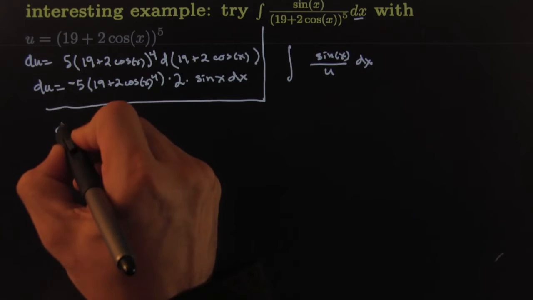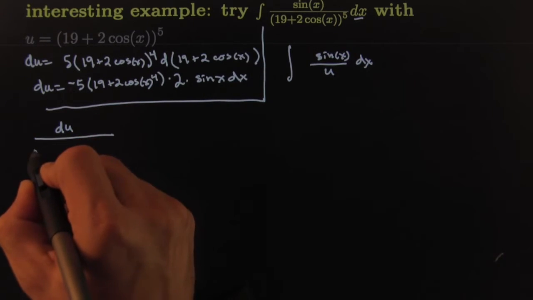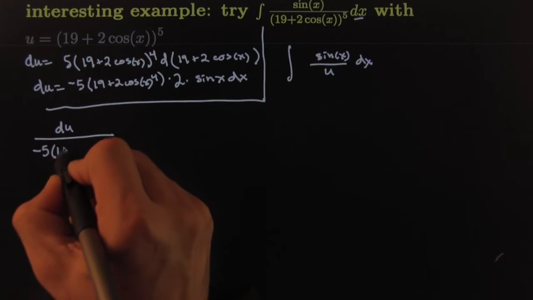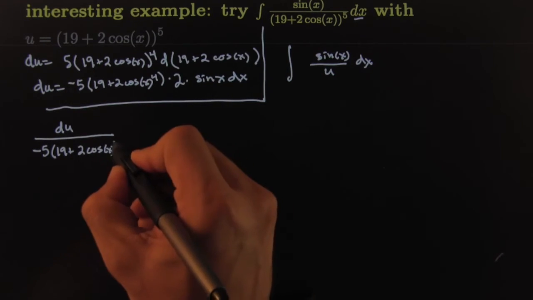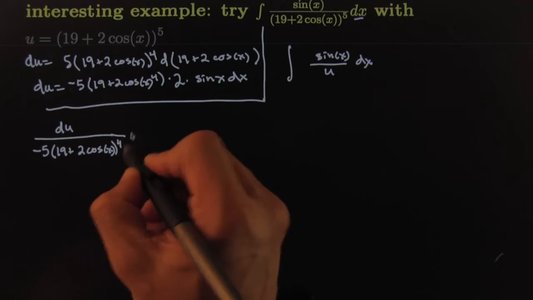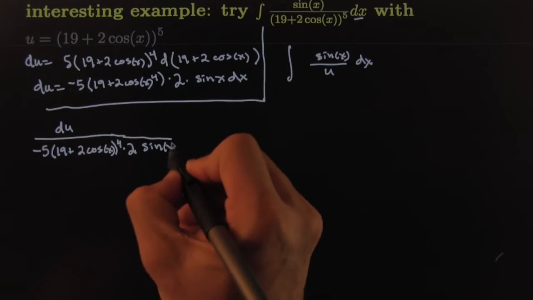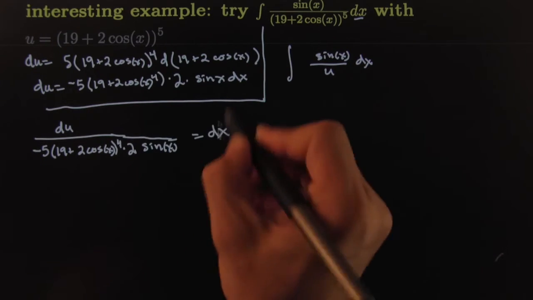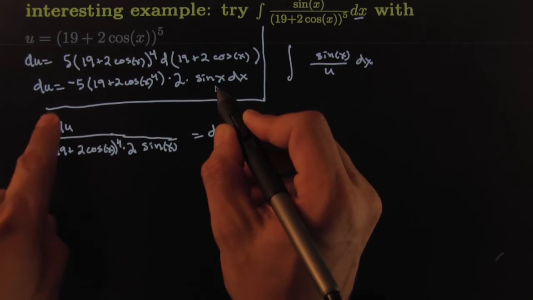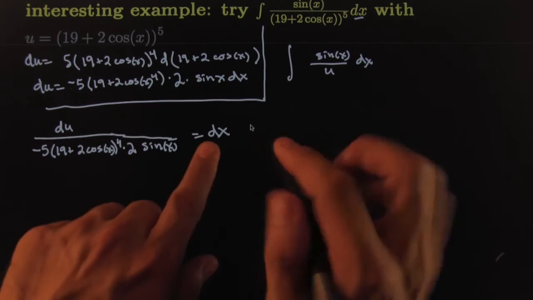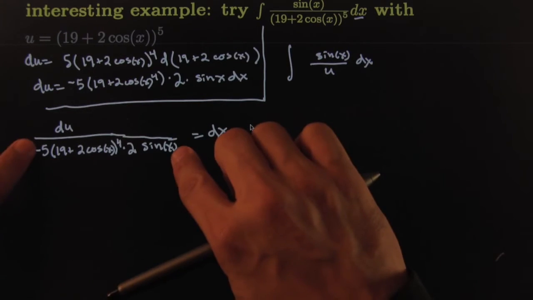So I have it that every du, if I divide by negative 5, 19 plus 2 cosine of x, all that to the 4th, and also if I divide by 2, and also if I divide by sine of x, I get a dx. I got that from the previous line. I isolated for dx. This whole thing I divided on the bottom, and that's the exchange rate for every dx. Every dx can be exchanged for that much.